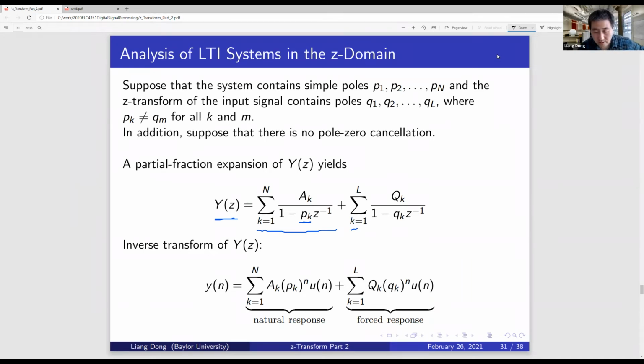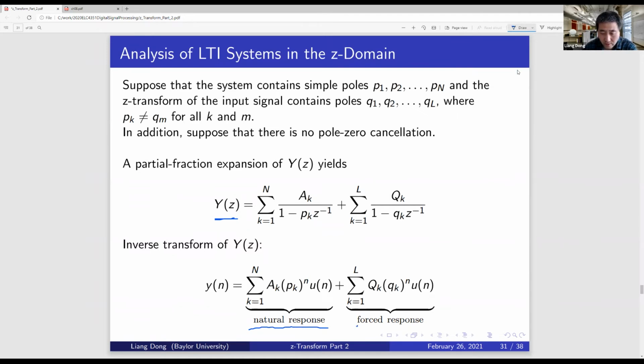Similarly, for the second term of the input signal, we have all these poles of q sub k. So in the time domain, that's the roots q sub k to the power n, times the constant coefficient. Emphasize everything is causal, so we put a u(n), that's a step function, here. The first term we call the natural response of the system.